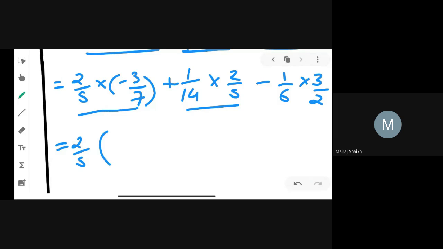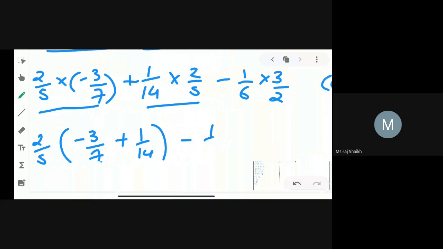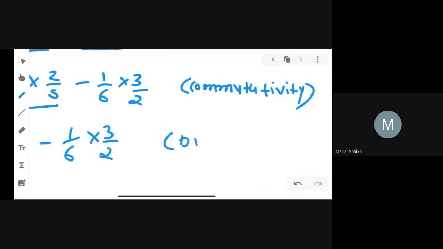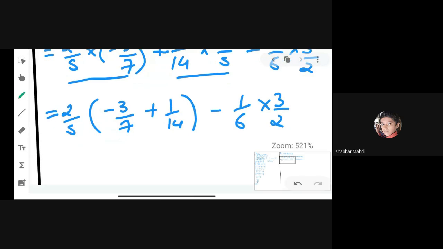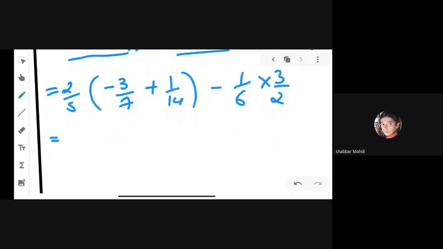Now you can see in this first and second number, 2 by 5 will be common. So we are taking 2 by 5 as common. Now minus 3 by 7 plus 1 by 14 will be left, and the last number is minus 1 by 6 into 3 by 2. Here, which property are we using? It is the distributive property, A into B plus C. Right? 2 by 5 is left. Now in the bracket, if you want to solve, first we have to make the denominators equal.